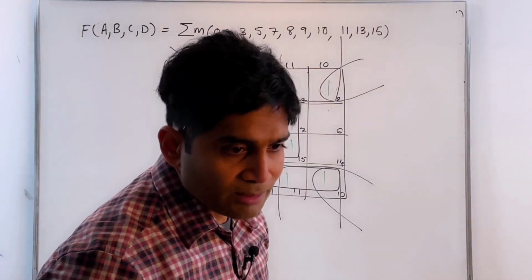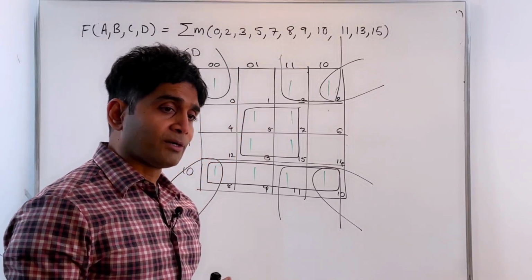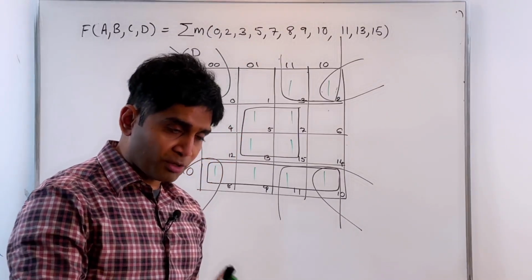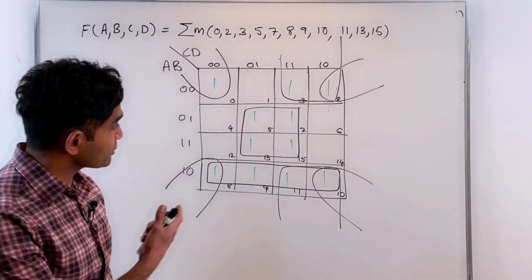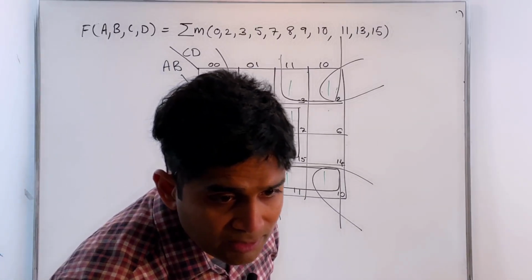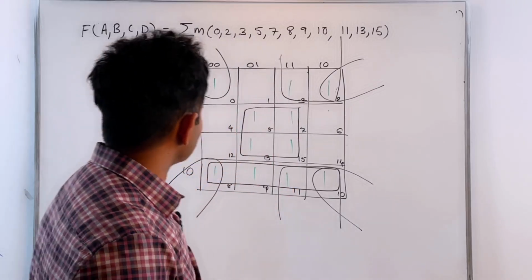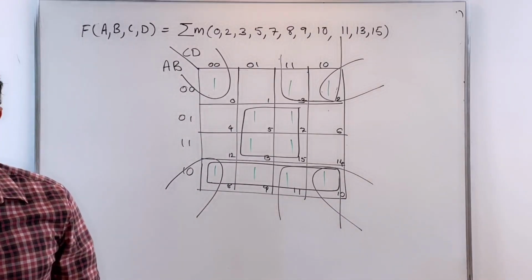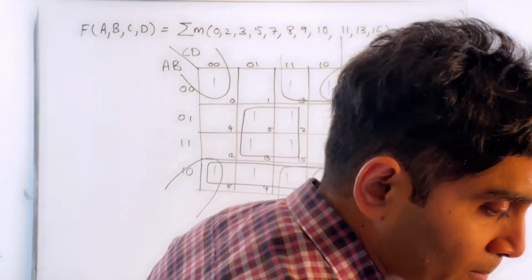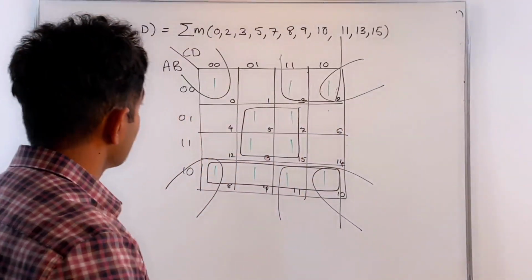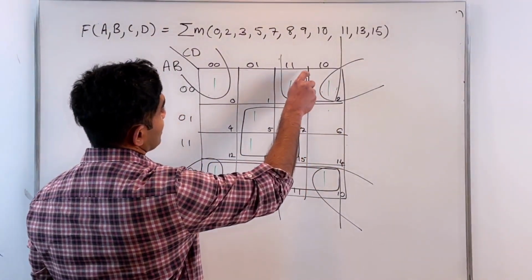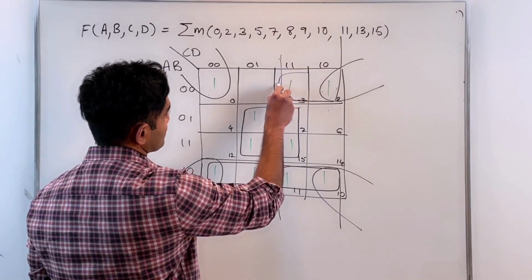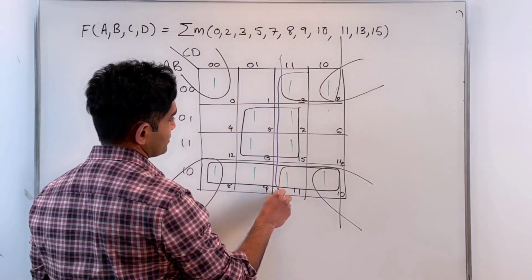But if I were asked for all possible combinations, all possible prime implicants, then I have to look for additional combinations. So let's see. You have 3, 7, 15, 11. Yes, that will be a combination. So let me combine them. I'll use a different color for that, so we're not too confused.